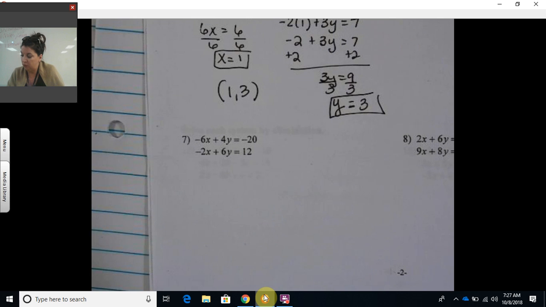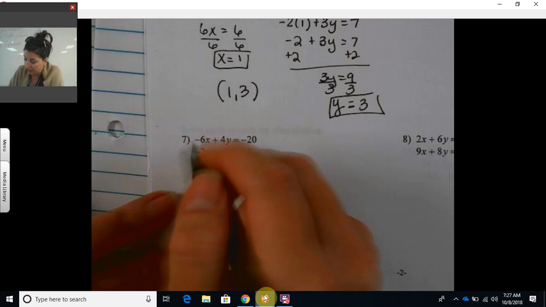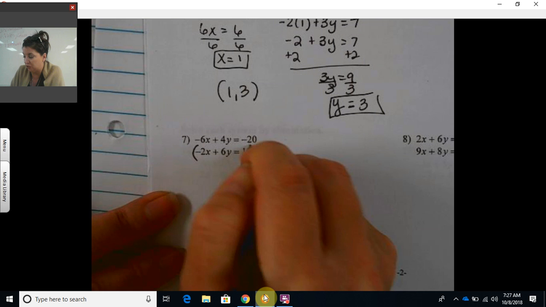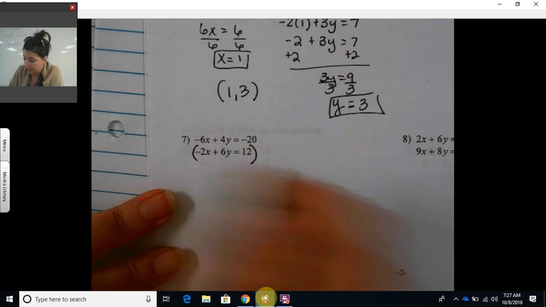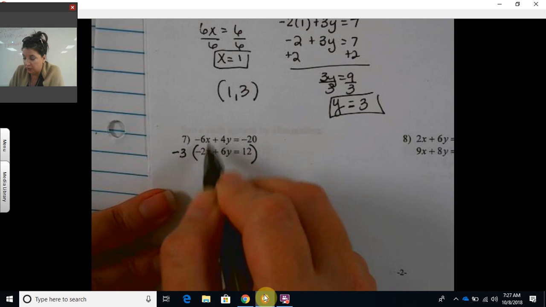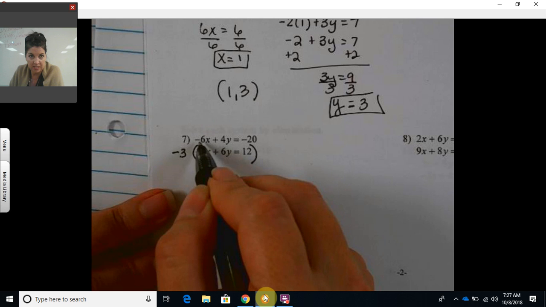And if we eliminate the y's, we're going to have to multiply both equations, right? So you can do that, but it's going to be less work if you eliminate the x's, because you would only have to multiply the bottom equation by what? Negative 3.